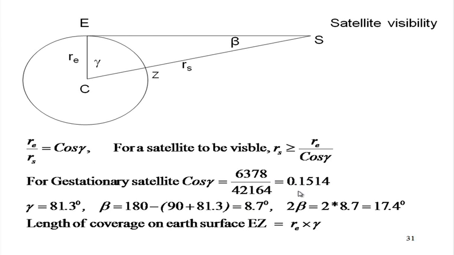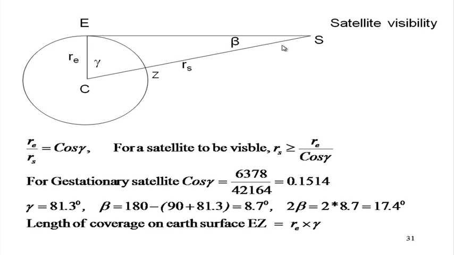Put in the numbers, you will get 0.1514, and from that you can find gamma is equal to 81.3 degrees. The angle from which the satellite is visible is 90 minus 81.3, which is 8.7 degrees. Double of that is 17.4 degrees.